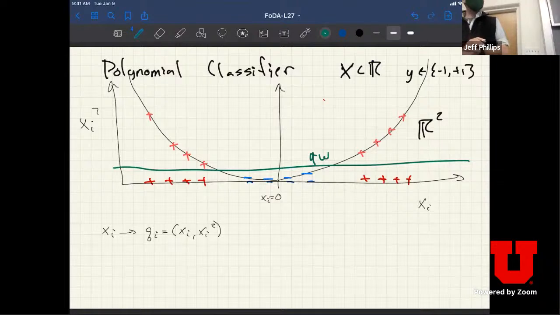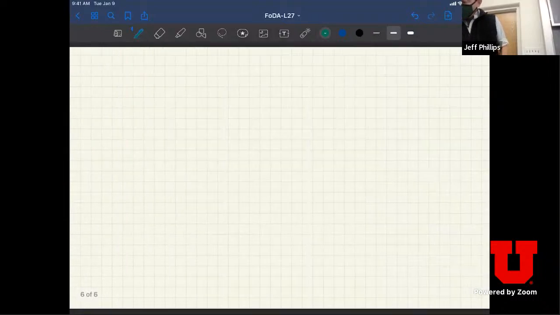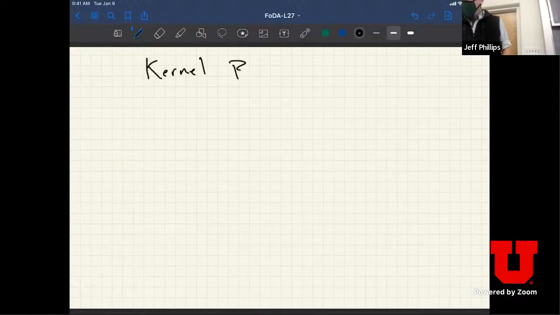To think about how I do that in the case of the Perceptron algorithm, let me explain a little bit more how this is going to work. So, kernel Perceptron here.